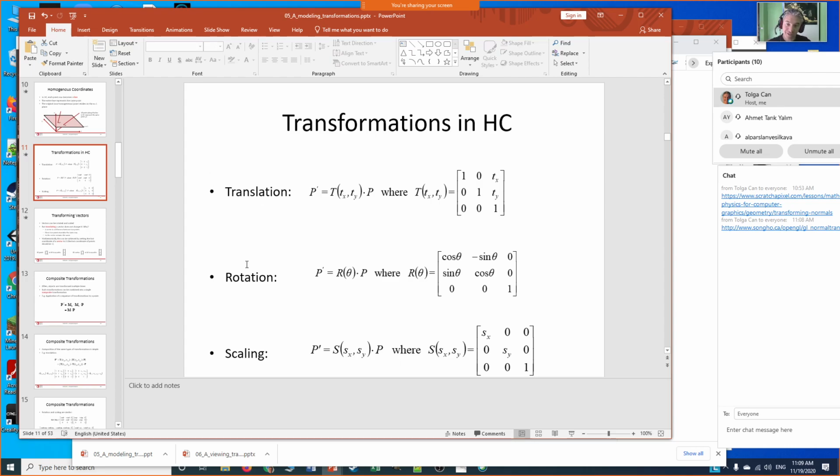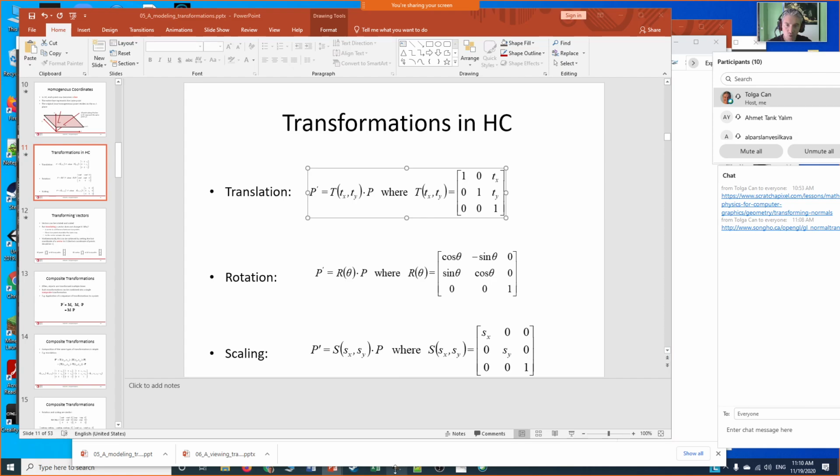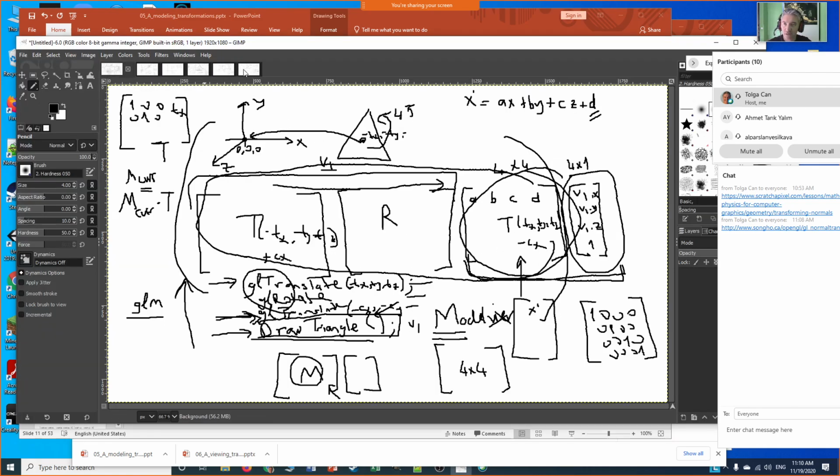I told you that translation, rotation, and scaling are our basic transformations, and sometimes, instead of writing the matrix form, for example, if in the exam we talk about these things, we just don't want you to do the multiplication of the matrices on your own, but give it as a sequence of basic transformations. In that case, you will be writing your solution as a call to basic transformations like this.